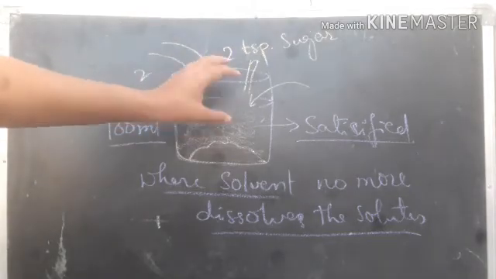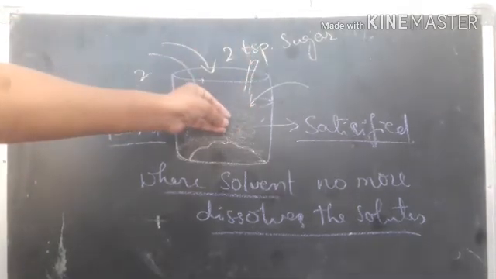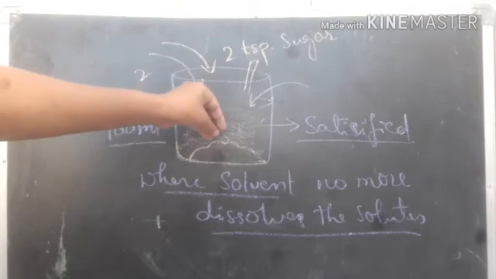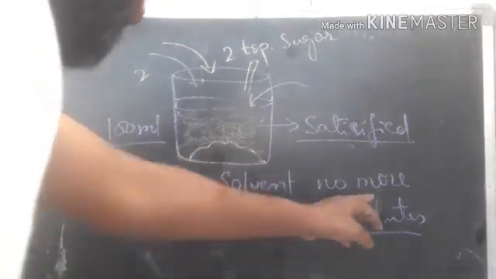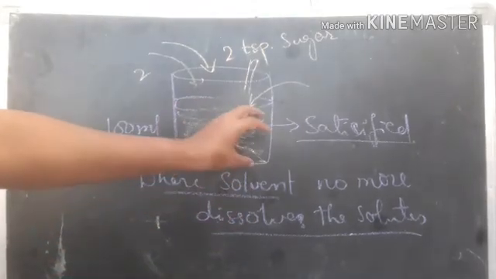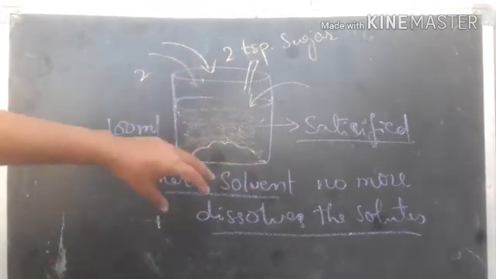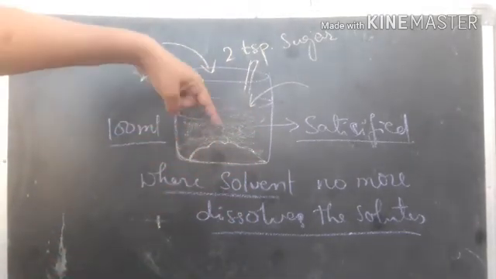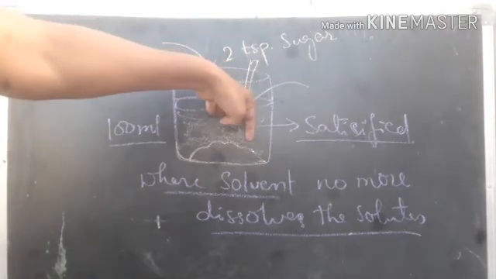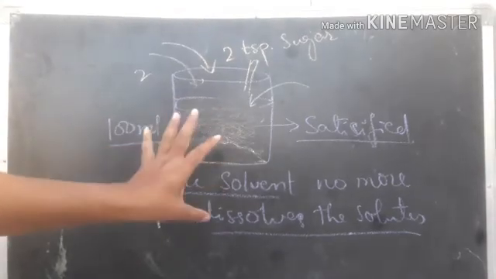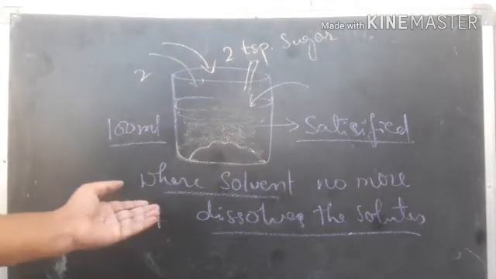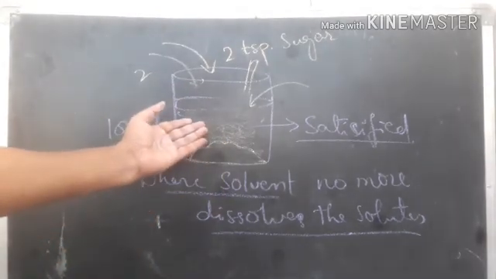The solution is already satisfied with the amount of sugar, and even if you are adding extra sugar, what happens? The extra sugar, means solute, is not going to be dissolved by the solvent. In the initial stage, it dissolved, but here it is satisfied now. No more liquid is ready to dissolve the solute particles. So that is what we call saturated solution.